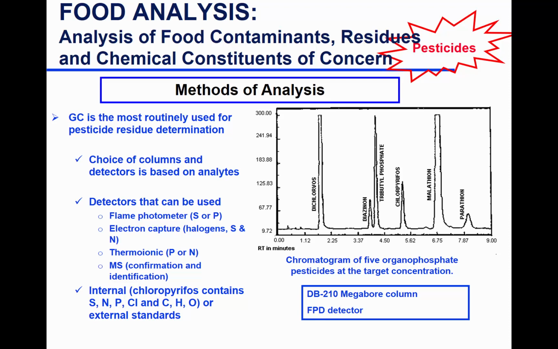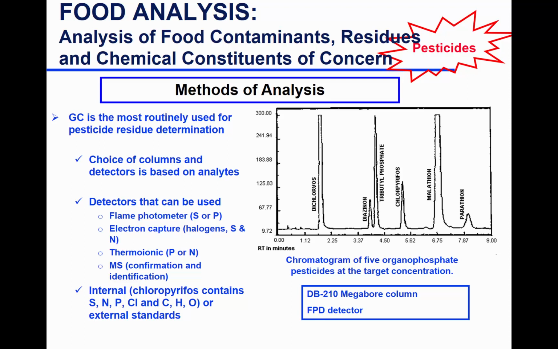So GC is most commonly used for pesticide residue determination unless we know that the pesticides are polar and non-volatile, then HPLC is used. Choice of columns or detectors is based on the analyte. What's in the analyte? Do we have sulfur and phosphorus? Then probably a flame photometric detector would be used.